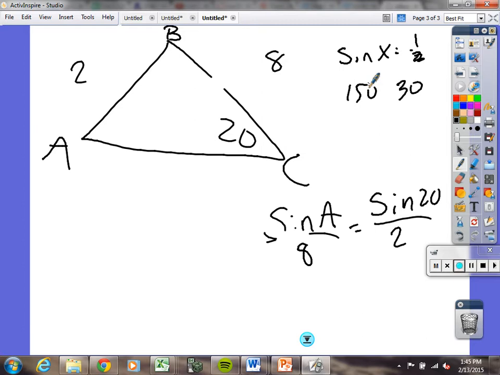Isn't 30 larger than 20? Is 150 larger than 20? Both cases would work, right? Does that make sense? The reason we have to put both answers is, do we know if this is the largest side or the middle side? We don't know, so you have to do it both times.